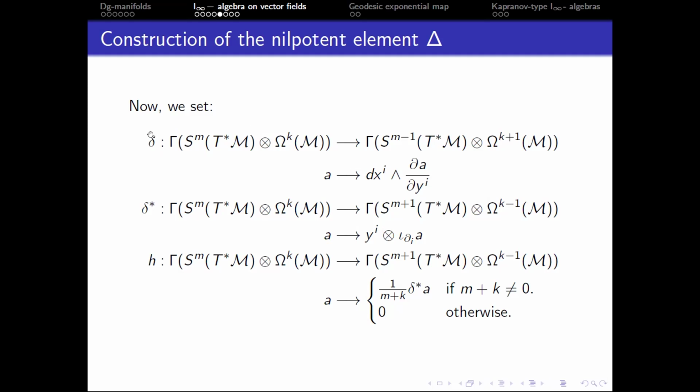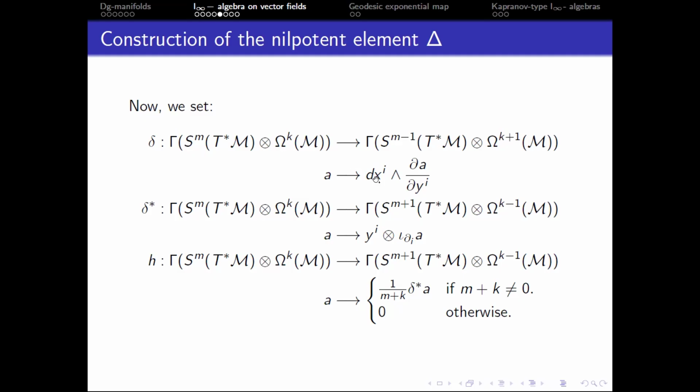So let's consider first the operator, which I denote by delta. What I do is that I take a section of this bundle. These are just formal functions on TM twisted by differential forms. And what I do is that I take the derivative with respect to the fiber coordinate y, and I produce the wedge with the differential dx^i.